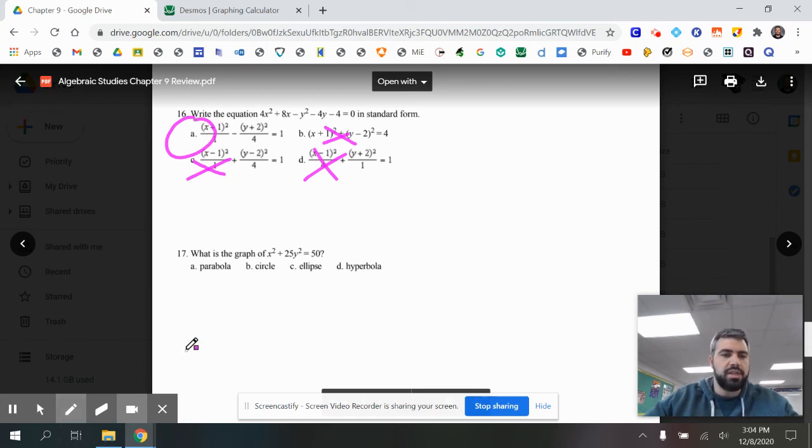All right. Now, number 17. What is the graph of x squared plus 25x equals 50? All right. Well, let's graph it. Let's see what it is on Desmos.